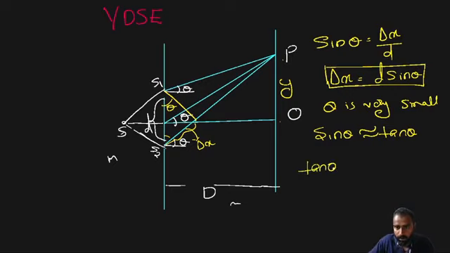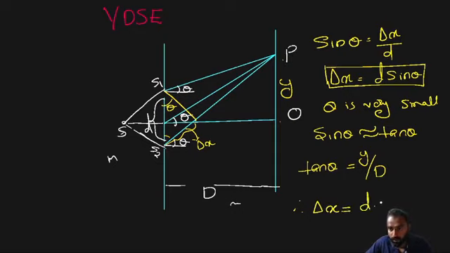I'm getting tan theta is y by capital D. So therefore, I can write delta x is equal to d into tan theta, that is dy by D.